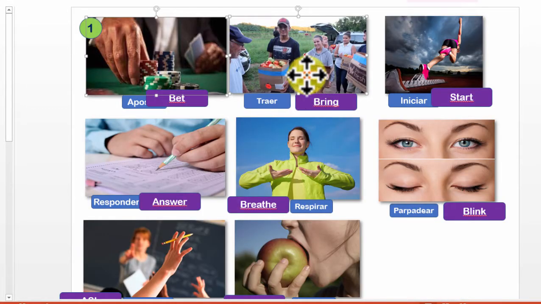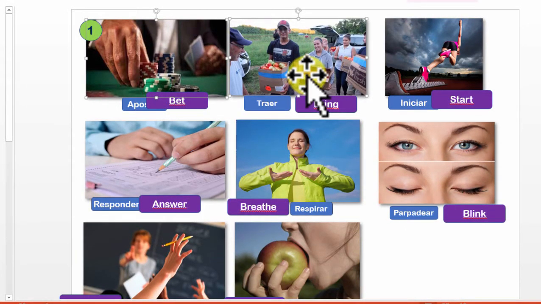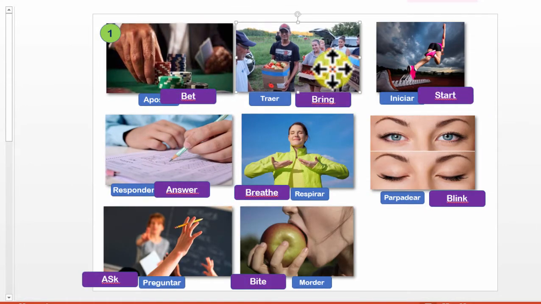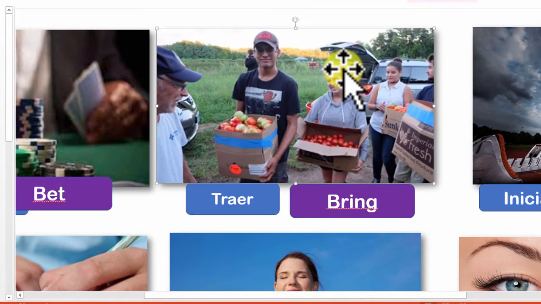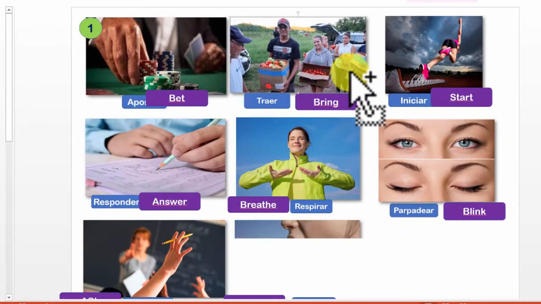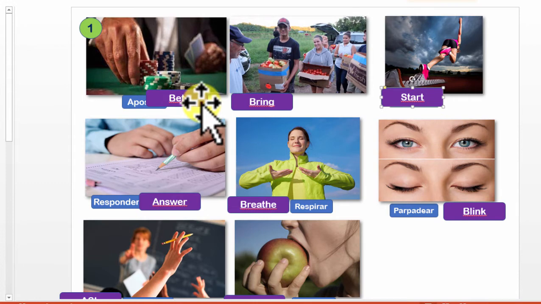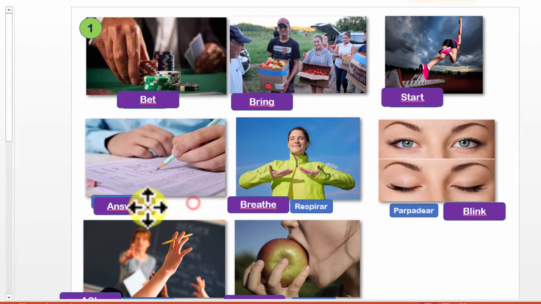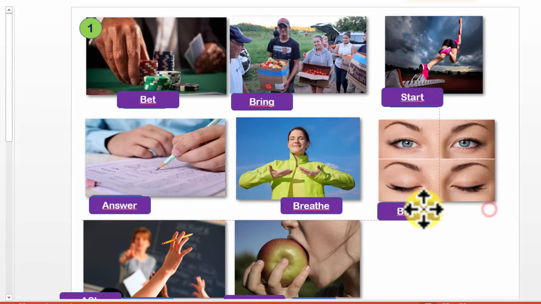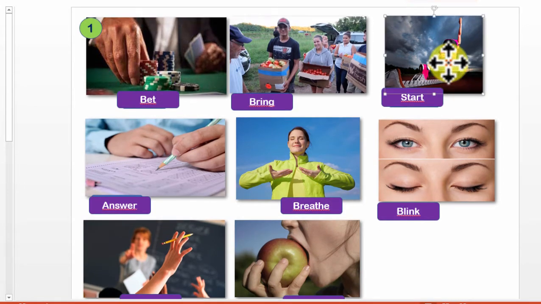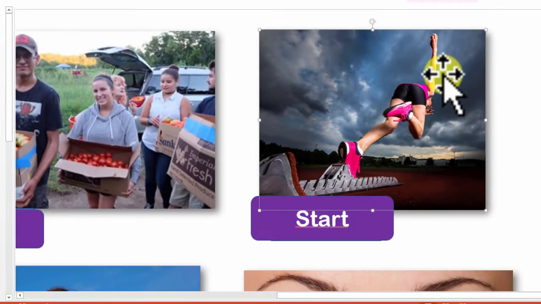Bet. Now we are going to turn this into English. Vamos a cambiarlo en inglés. Bring, bet. Bring. Let me cover the words. And so, breathe, blink, ask, bite. Okay. Start.